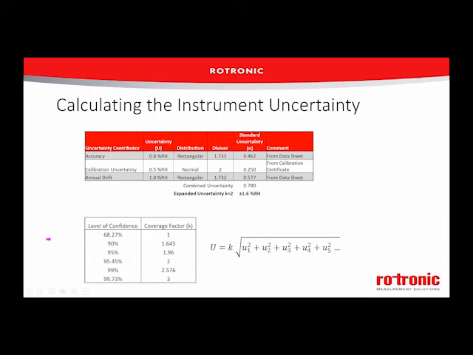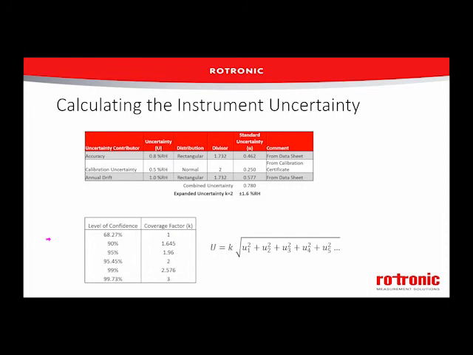In this case, I'm assuming that we don't have any environmental factors that are coming into play. We're primarily looking at the original calibration, the performance of the instrument itself, as well as what the annual drift of the instrument is.